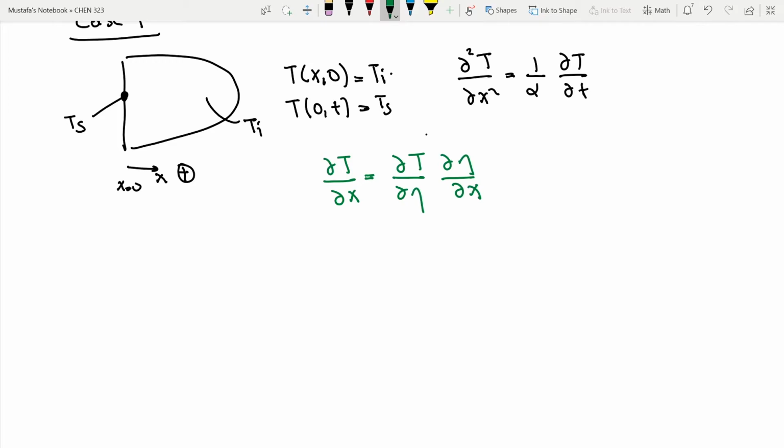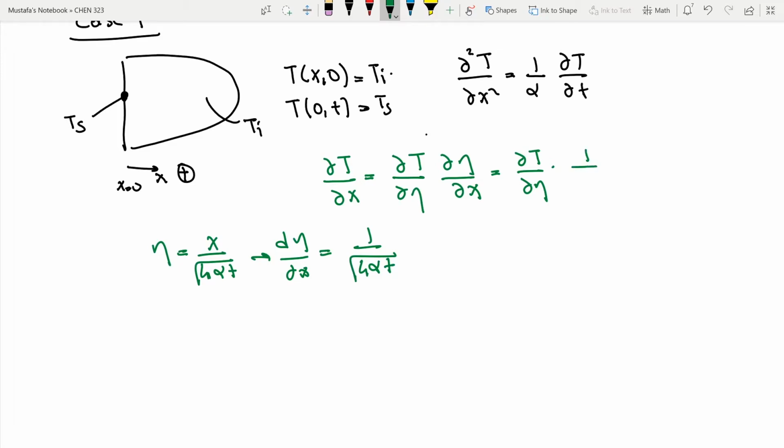Now dT by d eta is the new variable that I'm trying to find, and d eta by dx can be calculated, since I have a proposed expression for eta. So d eta by dx from this equation is 1 over 4 square root of alpha t. So I can substitute that expression in here. So I have 1 over 4 alpha square root of t.